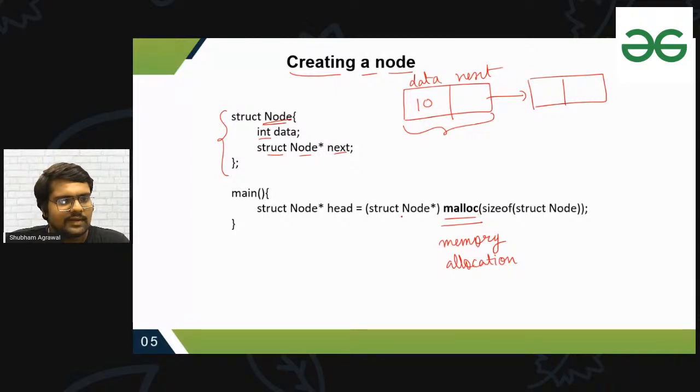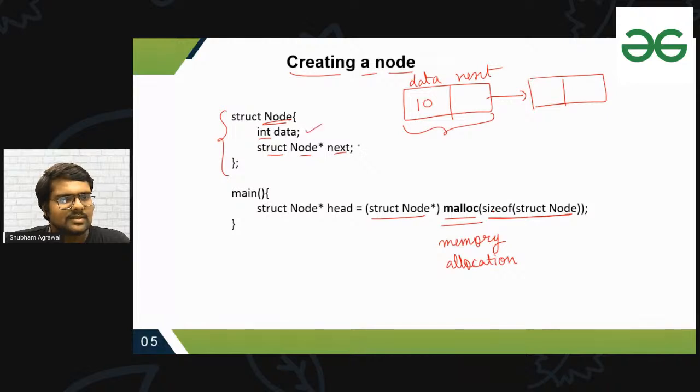So we will write struct node star to typecast the result of this malloc, and it will dynamically allocate the size that you specify in the argument. Here we are specifying the size of our struct node, so the size of this and the size of this pointer.